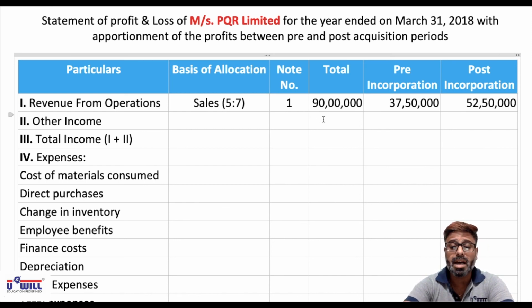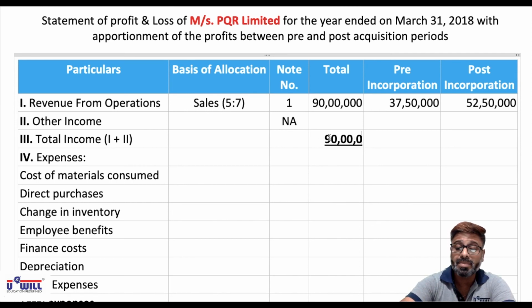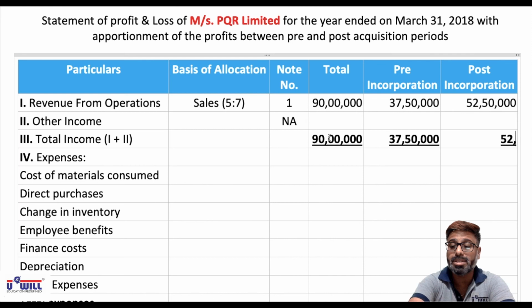Other incomes are not available, so the total amount would be the same: 90 lakhs, 37,50,000, 52,50,000.